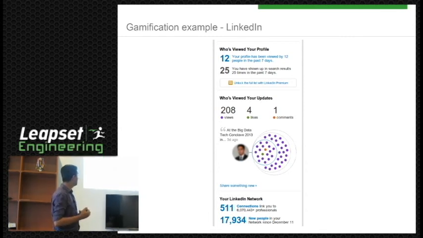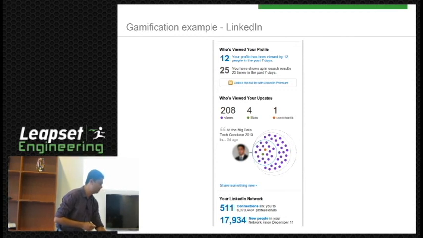So it's showing me, okay, you have eyeballs here. It's indirectly motivating me to buy the premium edition. There's the link, right? Likewise, you are motivating the end user to buy more, to buy the premium edition.